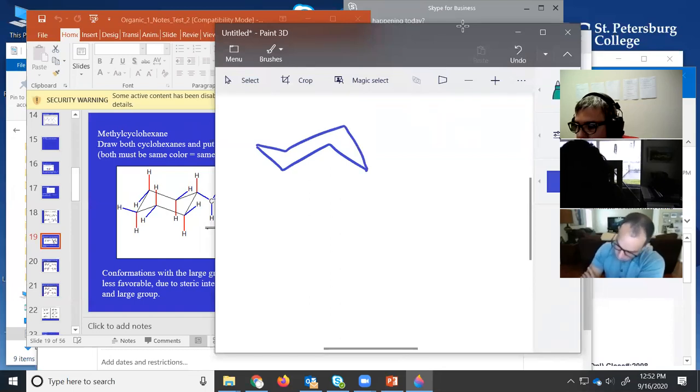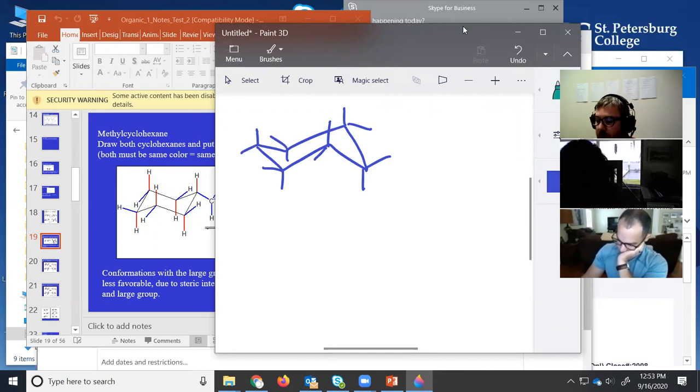By the way, it doesn't matter which one of these you start with. So that's one conformation. Does it matter where the methyl group goes? No, it doesn't.